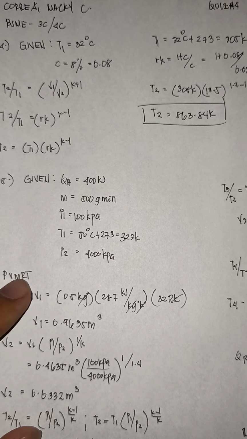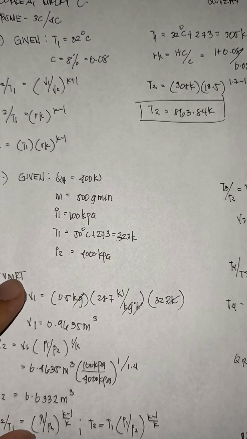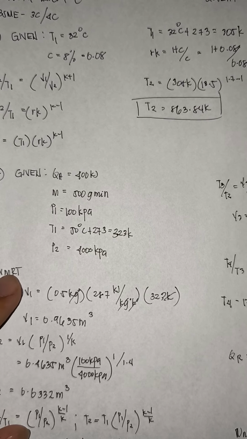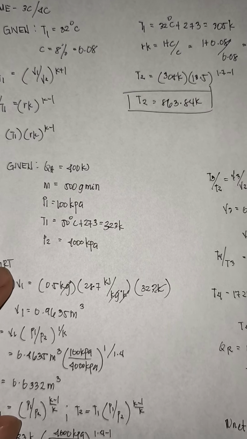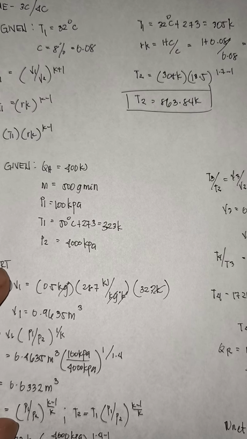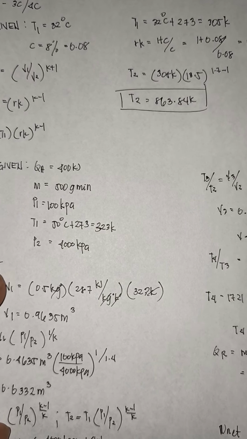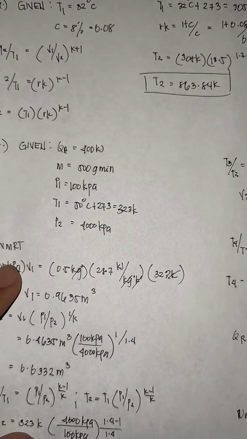Then for number 5, we have the given: QA equals 400 kilojoule, mass equals 500 gram per minute, P1 equals 100 kPa, T1 equals 50 degrees Celsius plus 273, then we get 323 Kelvin. Then for P2 we have 4000 kPa.